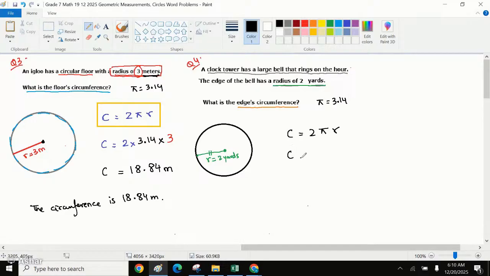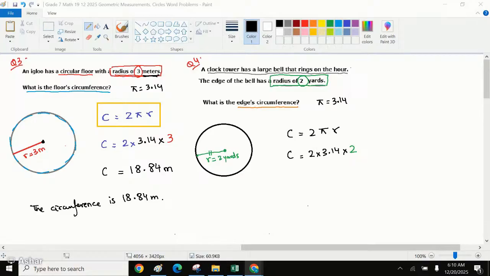That means circumference equals 2 multiplied by 3.14 multiplied by the radius in yards, and the radius was given as 2. So finally, when we simplify this, 2 multiplied by 2 multiplied by 3.14.